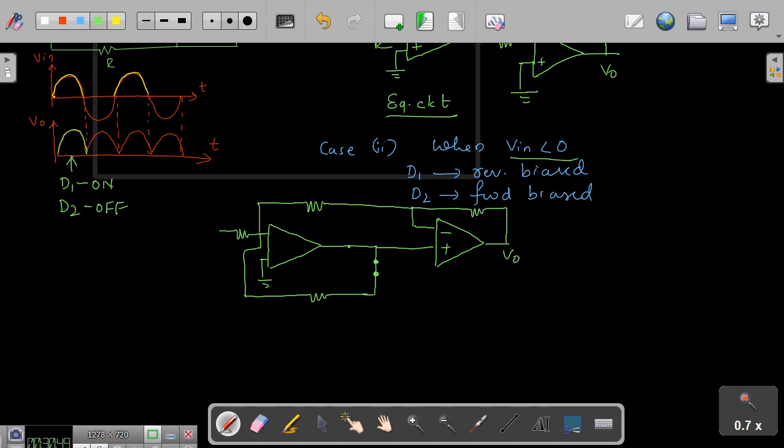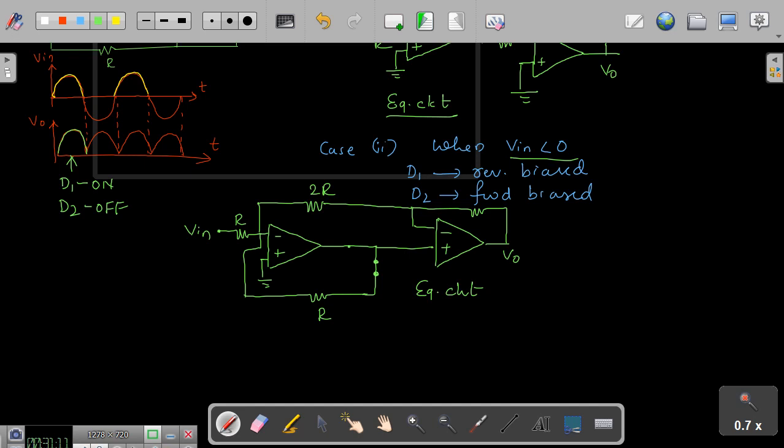This is V0. This is R, this is R, this is 2R, this is your V in, and that is your V0, minus, plus. Please check this. This is the equivalent circuit.